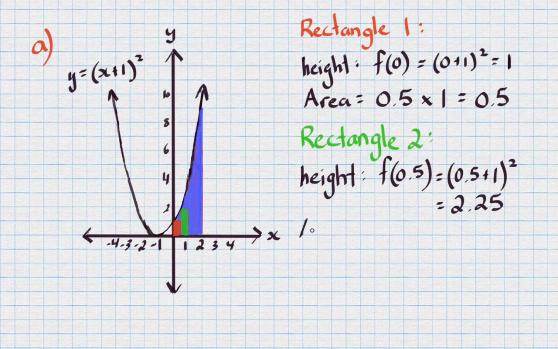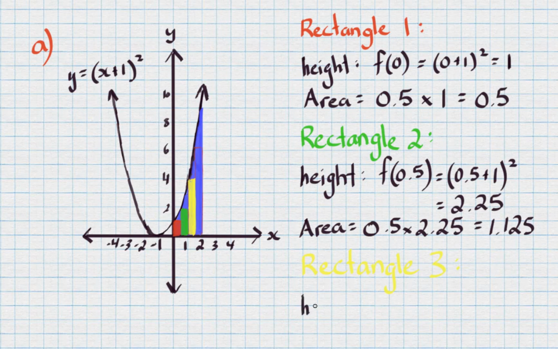Okay, so area. The base, 0.5, times the height of 2.25. That gives us an area of 1.125 square units. Rectangle 3. We already mentioned before how this rectangle has a height of 4, but let's just double check it algebraically.